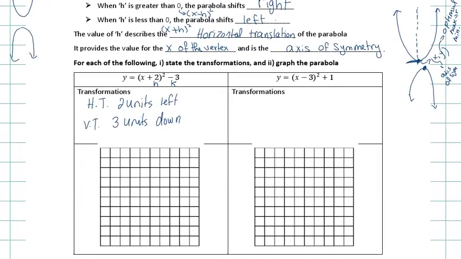And remember, it's opposite what you see. And k is the y value, which is negative 3. So your vertex is negative 2, negative 3. Very important. When you see this, you should be able to locate the vertex right away, because the vertex is very important for graphing.